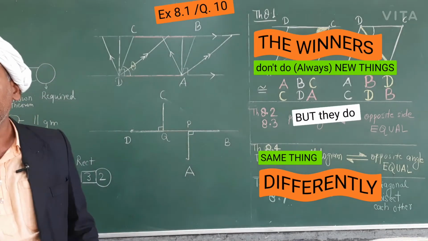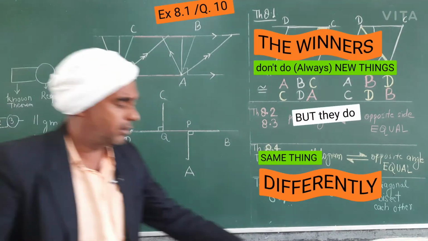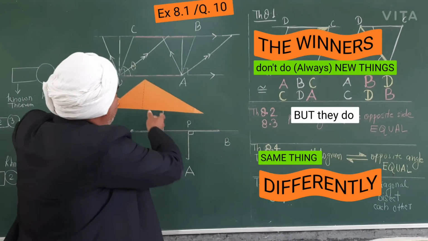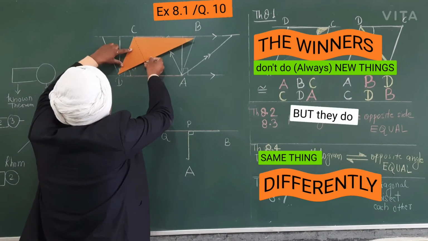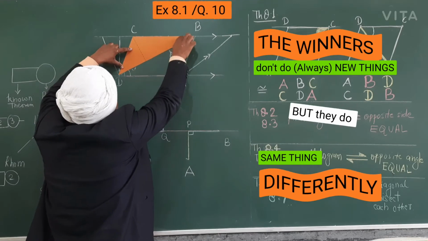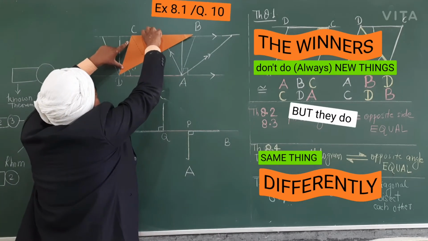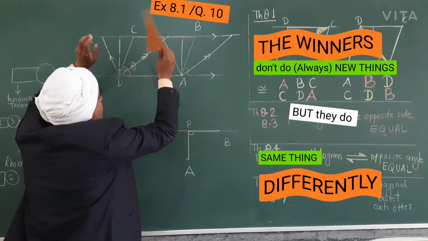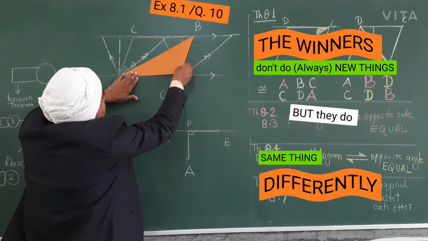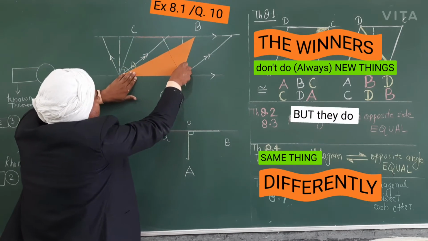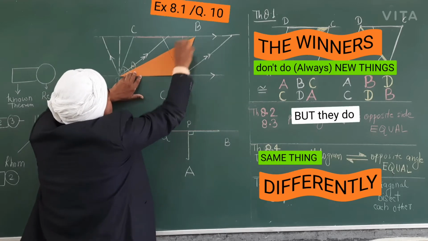Any parallelogram can be made with two triangles. This is one of the triangles, this half, and then you change it like this. So this is the diagonal BD.